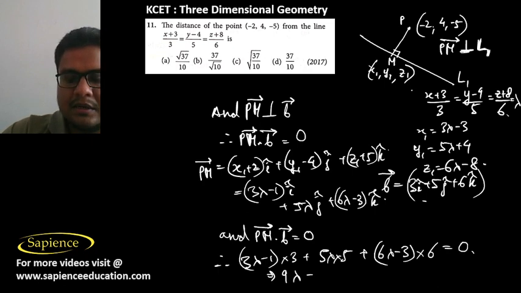Therefore 9 lambda minus 3 plus 25 lambda plus 36 lambda minus 18, that is equal to 0.